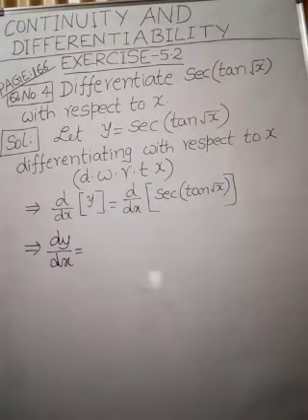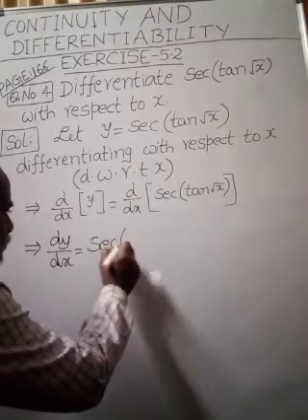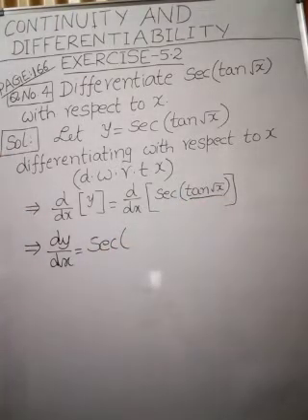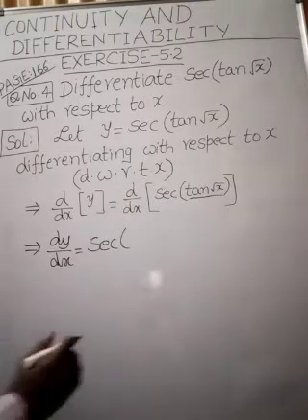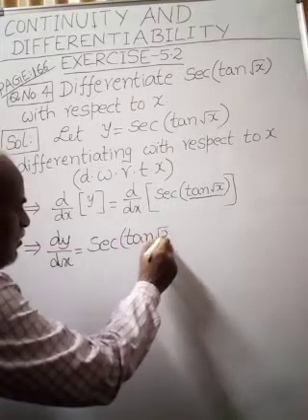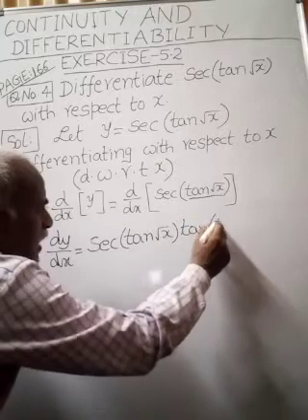Okay, my dear children, don't confuse here. What is the formula for d by dx of secant x? Secant x into tan x. So secant, what is x here? That entire function is considered as x in your mind. Remember that point. So secant of tan root x into tan of tan root x.